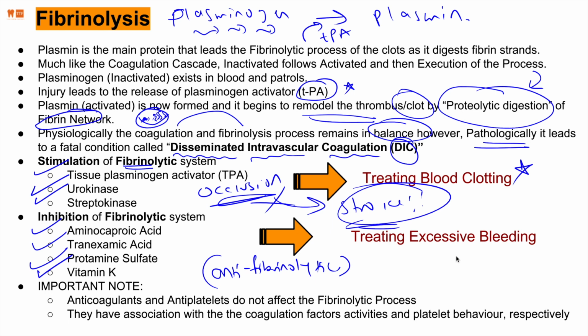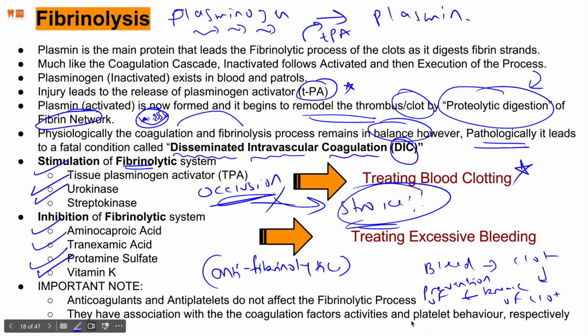So first of all, we have bleeding, then we have clot, then we have breakdown of clot, and then we have prevention of breakdown of clot. How confusing? Well, not so much. We'll try and make it as easy as possible for you guys, okay?